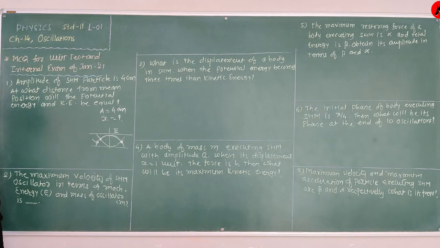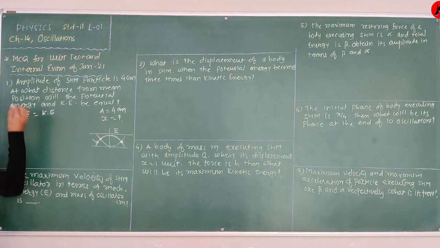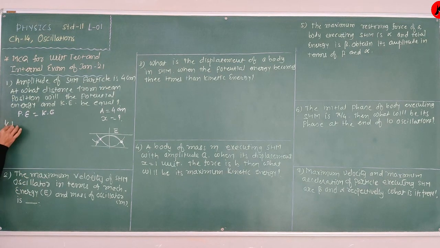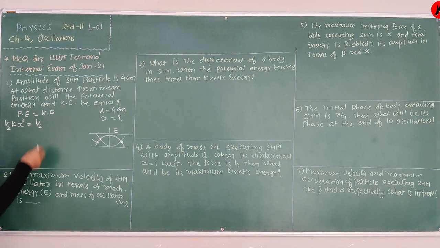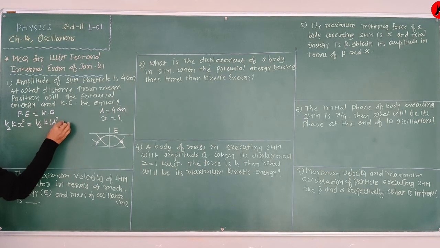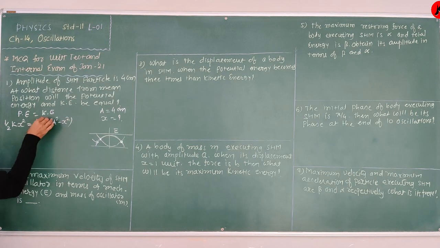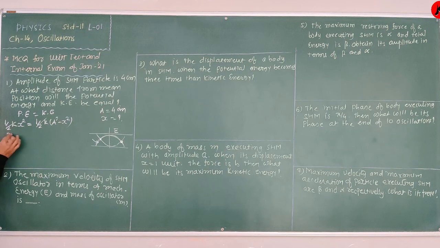So how can we obtain it? From this, potential energy is equal to kinetic energy. The equation of potential energy is half kx square, and the equation of kinetic energy is half k into A square minus x square. Here half k cancels, therefore x square is equal to A square minus x square.